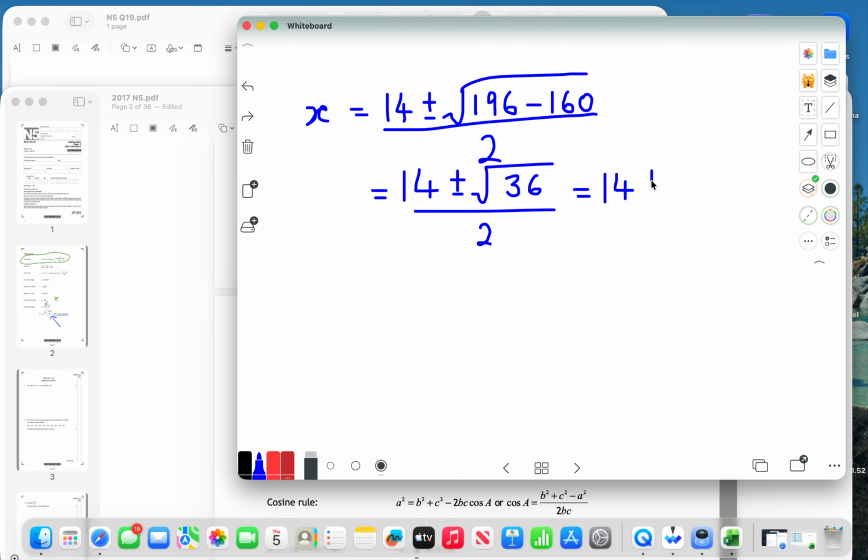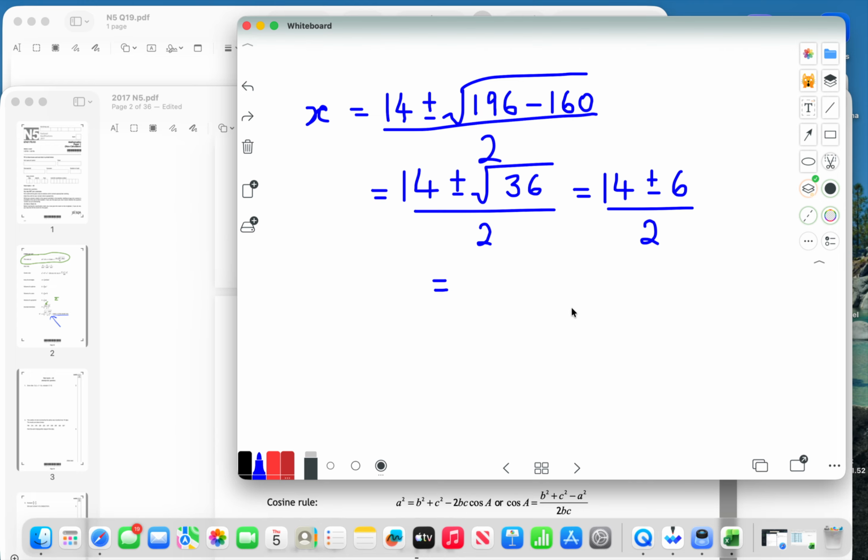So it's 14 plus minus 6 divided by 2. So 14 plus 6 is 20, divided by 2 is 10. Well, 14 minus 6 is 8, divided by 2 is 4.